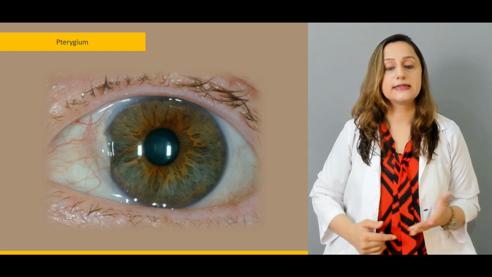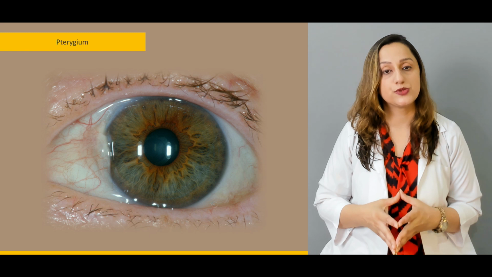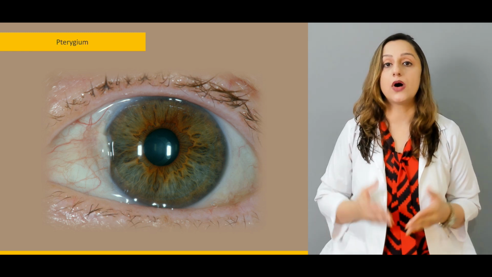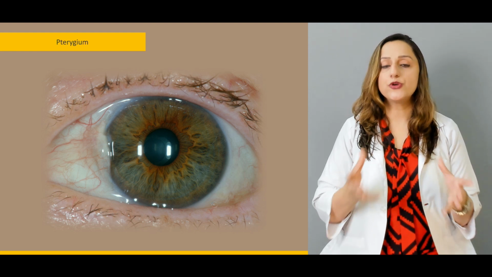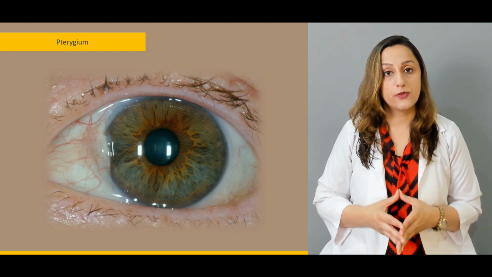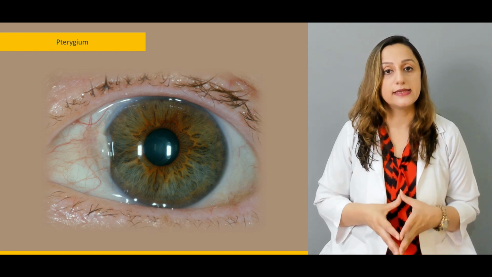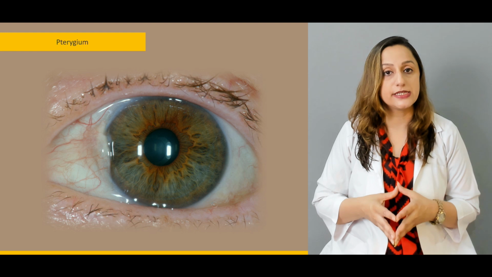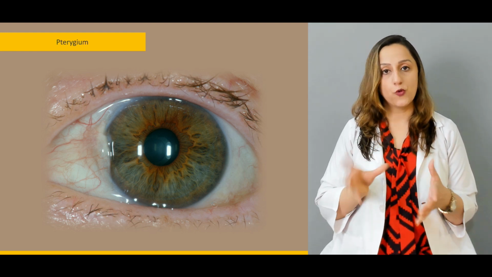So after listening to the history or the signs and symptoms of the individual, you'd ask the patient to sit on the slit lamp and you'd carefully examine the patient. What would be the findings as an ophthalmologist? You'd find this triangular fold, basically a whitish fold.